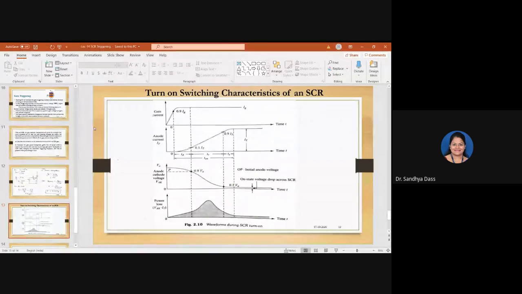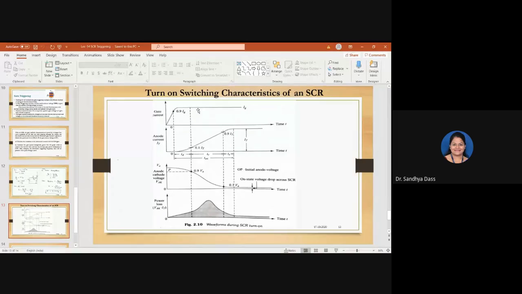Now observe, as the gate control signal is given and as it is varying, till it reaches 90% of it, there is no current observed in the device, which means there should be sufficient gate current, where there will be sufficient charge carriers in the device to turn it on. I hope you are getting.